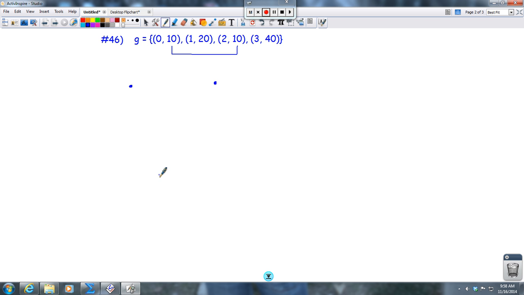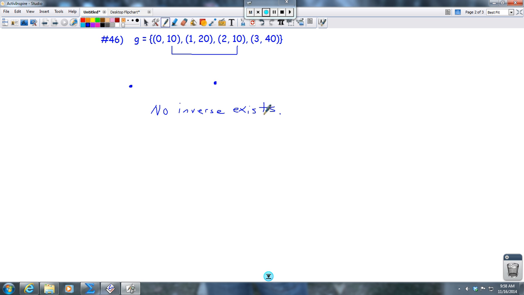And since this graph does not pass the horizontal line test, it means by definition that it does not have an inverse. So no inverse exists.